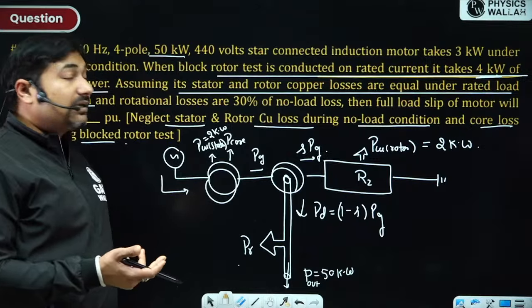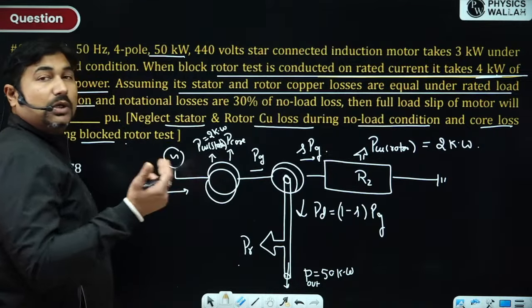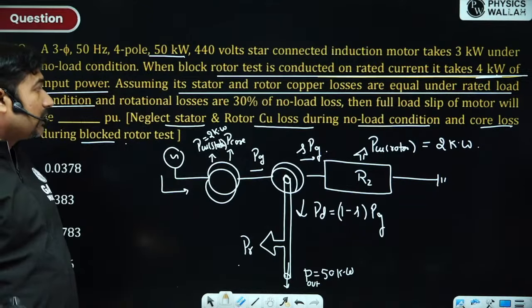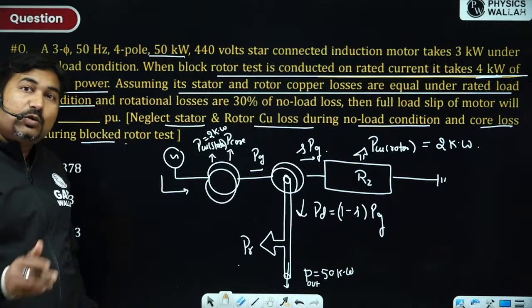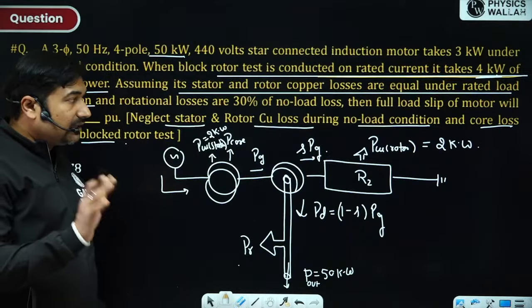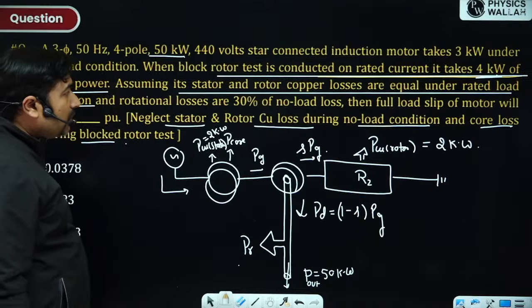It is given that the copper losses are equal under rated load condition. Also, under block rotor test core loss is neglected, so only copper loss will be there. So this makes us sure that rotor copper loss is 2 kilowatt and stator copper loss is 2 kilowatt.